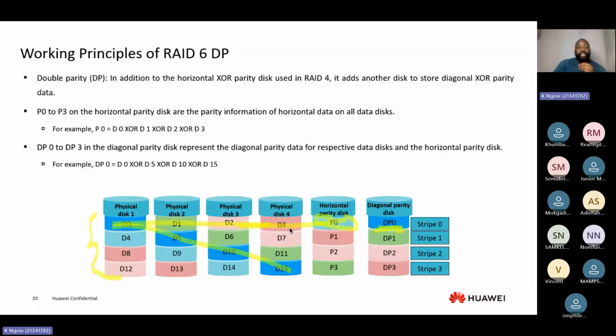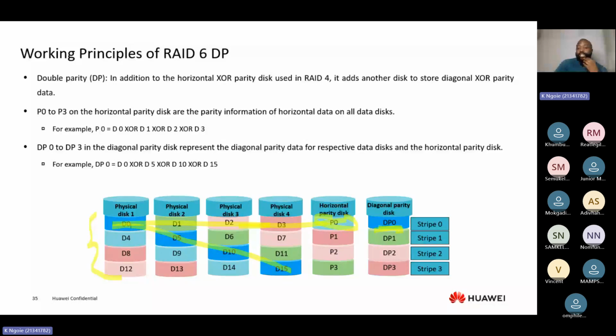And then we have the DP, the diagonal parity, which will provide the second layer of protection. In case we have a disk here or one stripe here and there, diagonally, they're going to work together like that.